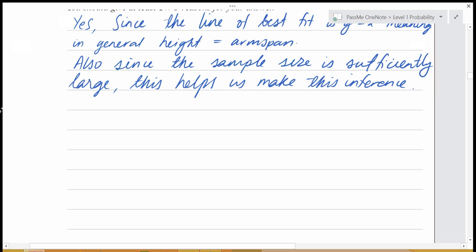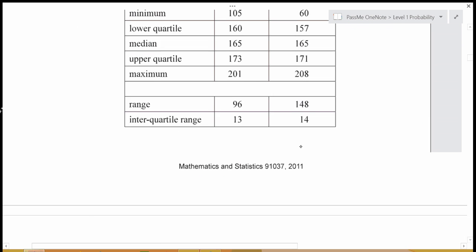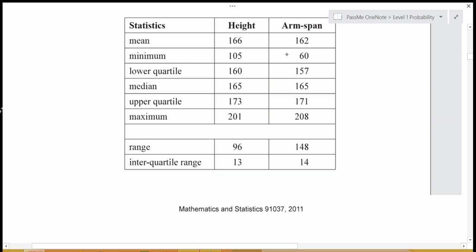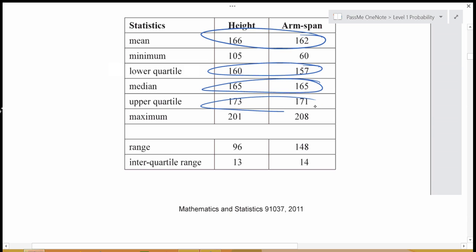Okay, now there's nothing to stop you from doing a few more reasons, so perhaps we could just look at the statistics in the table, and just looking at here, we appear to have similar mean. Our minimums are a bit different, but our lower quartiles are similar, medians are the same, upper quartiles are very similar, even our maximums are very similar.